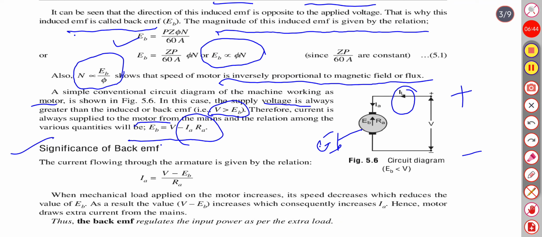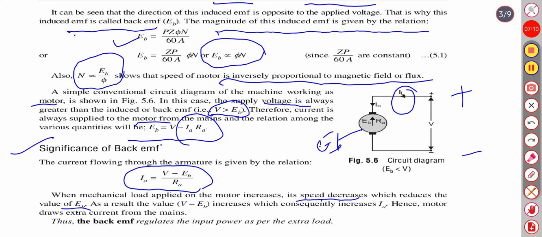Significance of back EMF. The current flowing through the armature is given by the relation Ia equals V minus Eb upon Ra. When the mechanical load applied on the motor increases, its speed decreases, which reduces the value of back EMF.